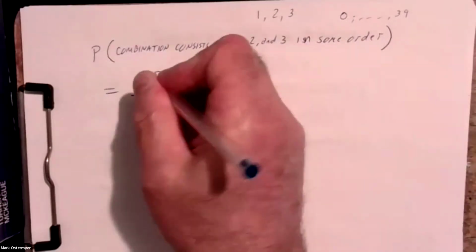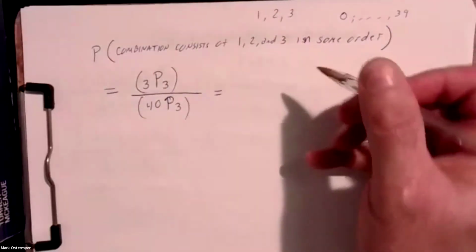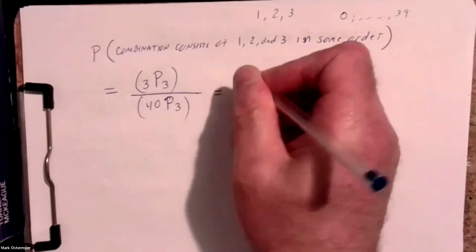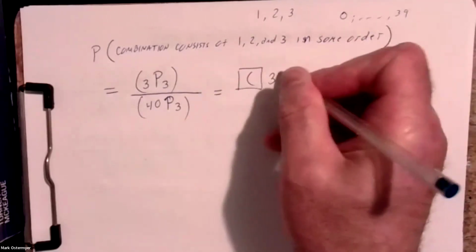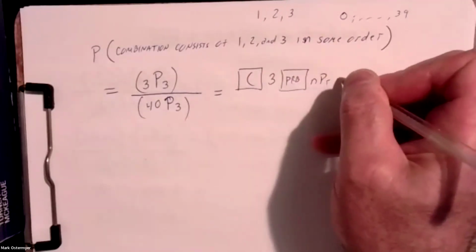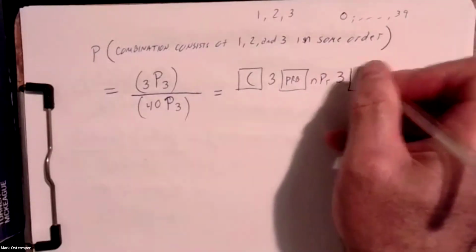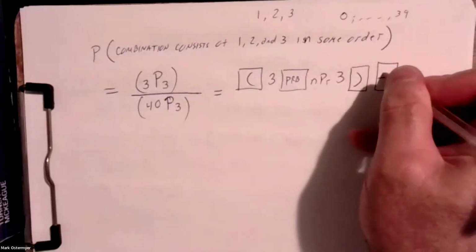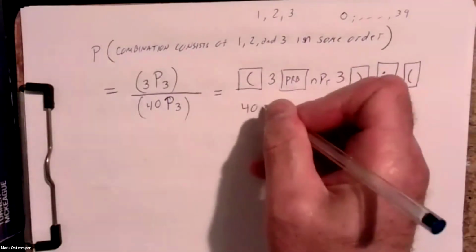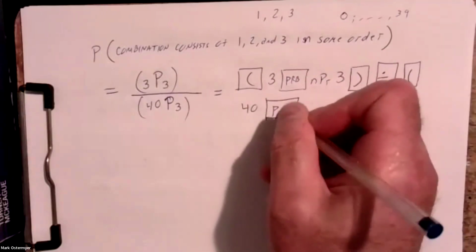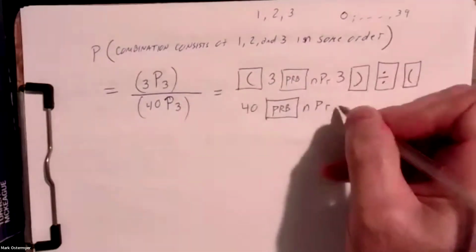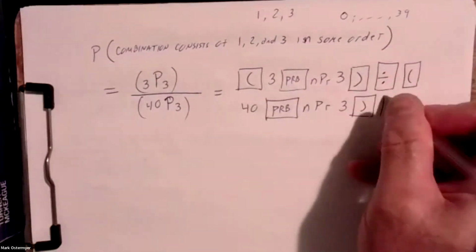So let's get on our calculator. I would put parentheses around here. And how would we dial this up on our calculator? Well, we'll start with an open parenthesis, 3, get your probability button, go grab your nPr function, type in 3, closed parenthesis, divided by, open parenthesis, 40, go get the nPr function, PRB button, nPr, type in 3, closed parenthesis, enter.